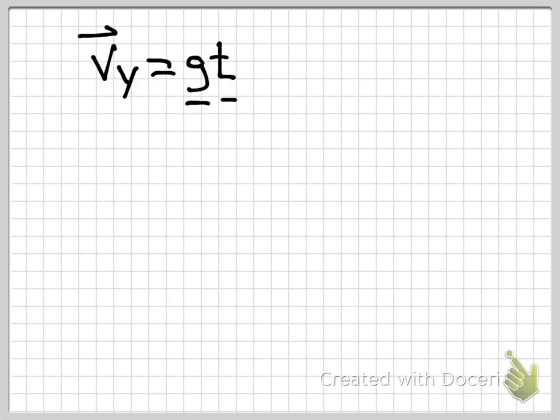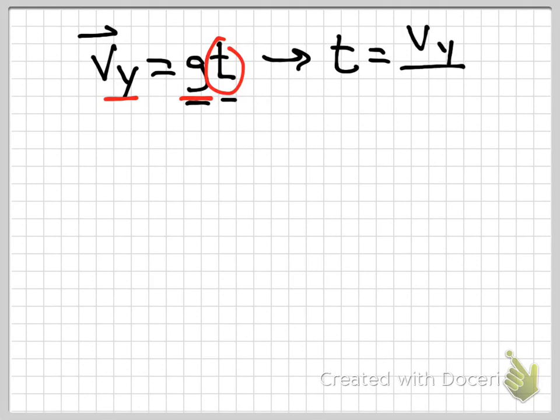So rearranging that, if we wanted to figure out the time a projectile was in the air, if we knew this and we knew this, we could figure out the time. So we could rearrange that with algebra and make that t, our time, equals Vy, our vertical velocity, divided by g.